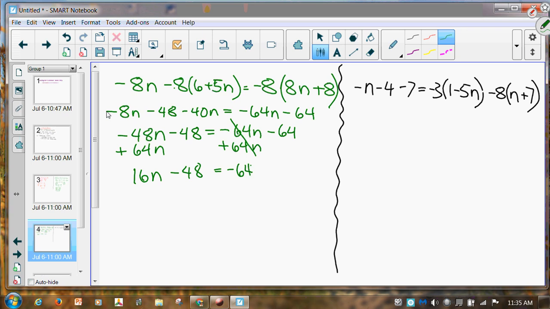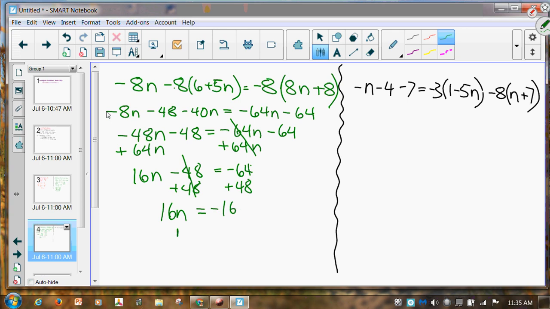Okay, and now we want to get the numbers on the right. We're going to add 48 to both sides. So we're going to say plus 48 over here, plus 48 over here. Again, these two will cancel, and we will be left with 16n equals, and minus 64 plus 48 gives me minus 16.